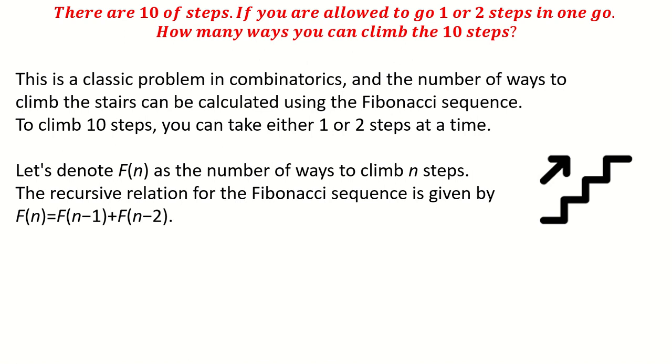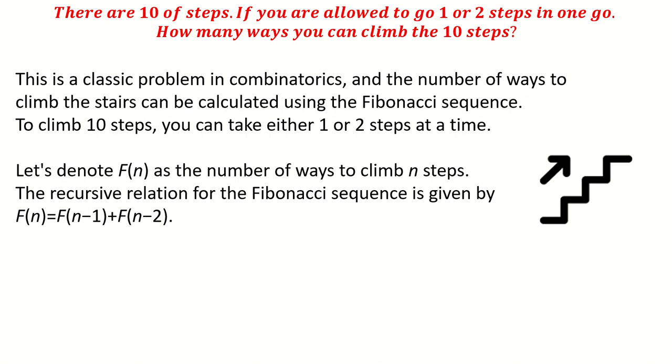Why? We need to understand this step very well. If I am on the third step, it is the sum of the number of ways I can go to the first step and the second step, because I can go one or two steps.